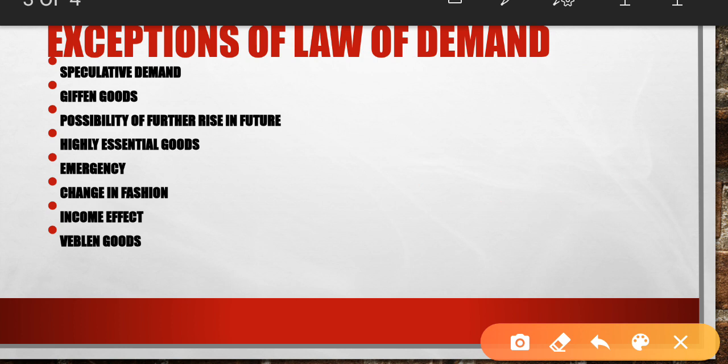Okay, so now, what does the next point say? Possibility of further rise in future. Here I'm giving a very good example, which is gold.